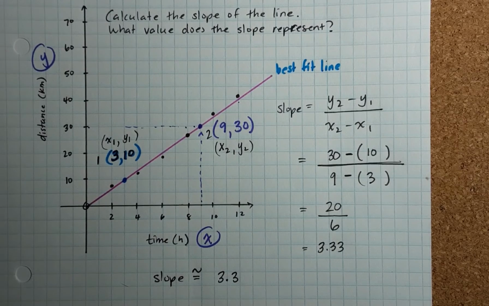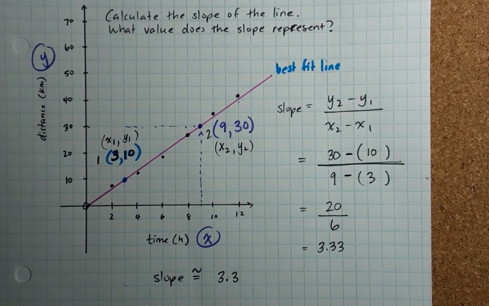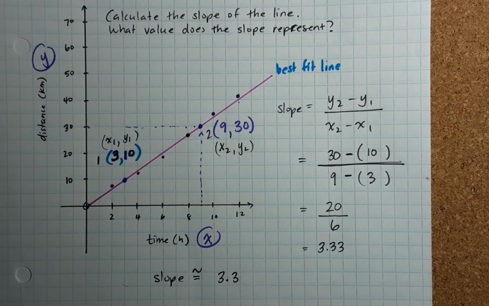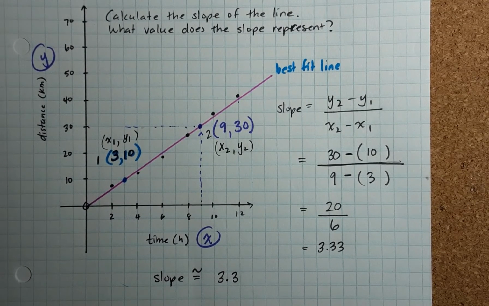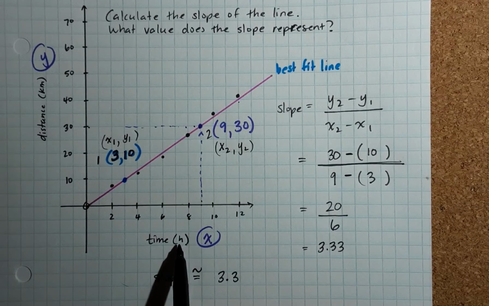Okay, and this comes down to looking at what units are in the x and y. And I left them out on purpose because I didn't want to do too much at once. Okay, so let's take a look at that for a second. If I look here at x, the unit is hours.